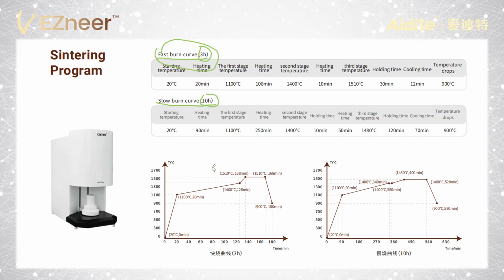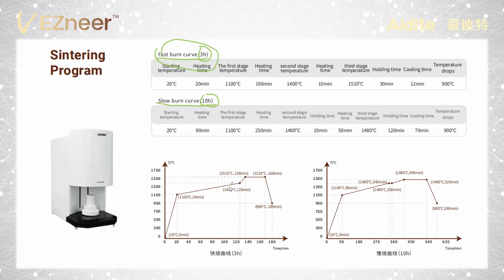But we will see the difference in the sintering programs. We used the 3D Pro Super Effect there. We can see the sintering program is different. It has three heating stages. The first one is 20 degrees to 1100 degrees, and another one is 1100 degrees to 1400 degrees.